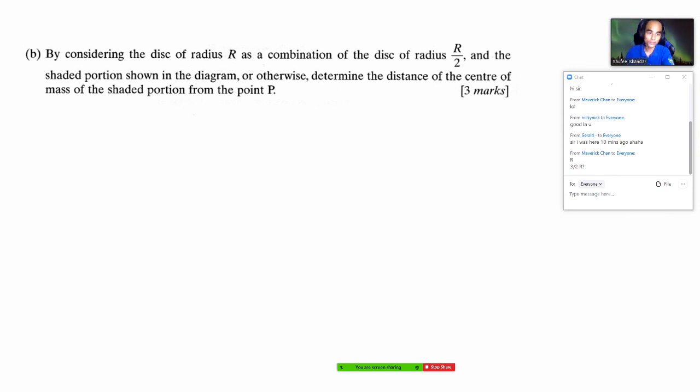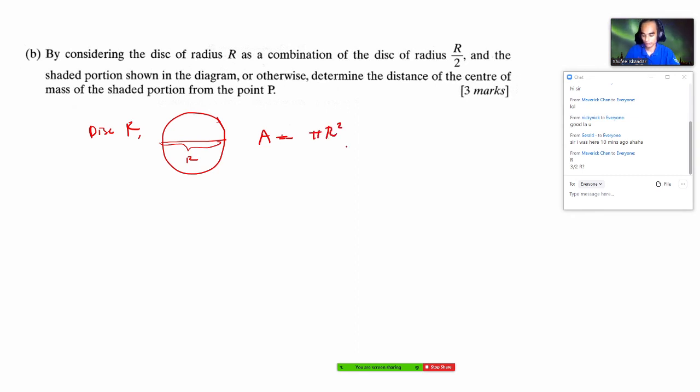So first of all, it's easier if we draw the disk of radius r. The area will be pi r squared.